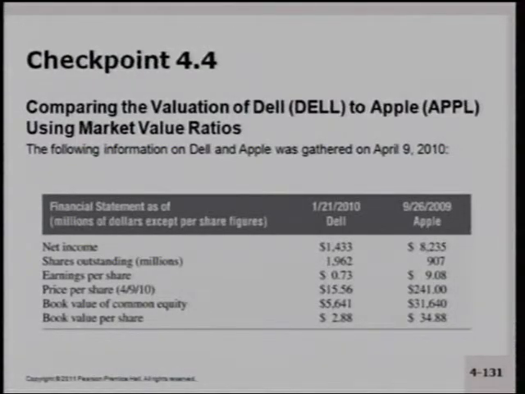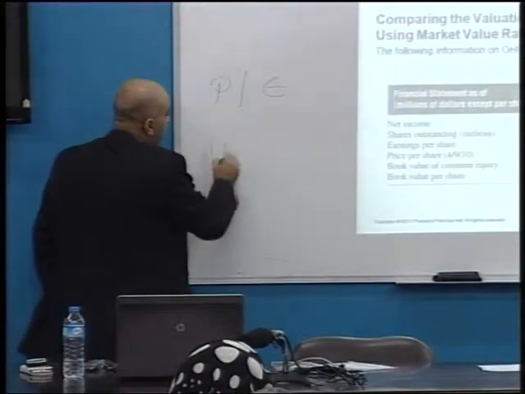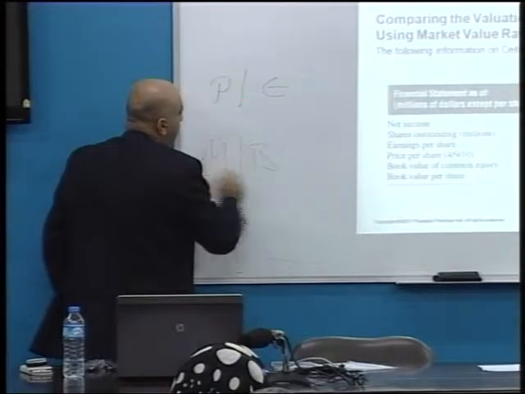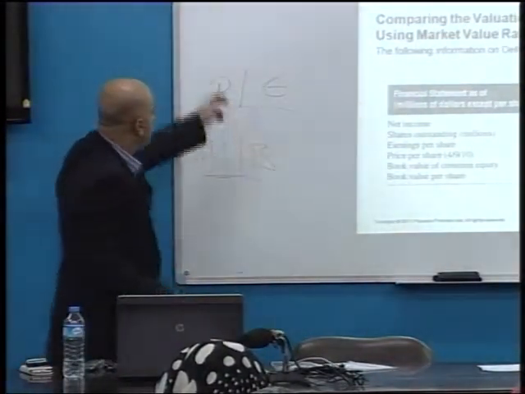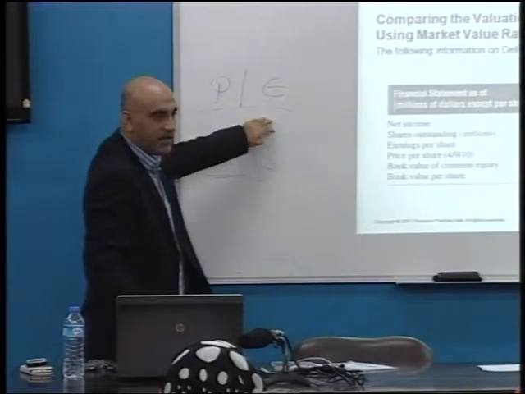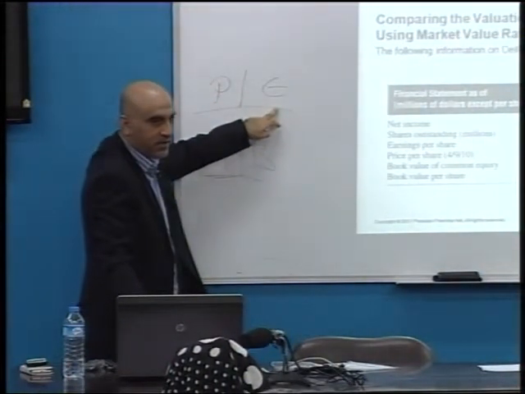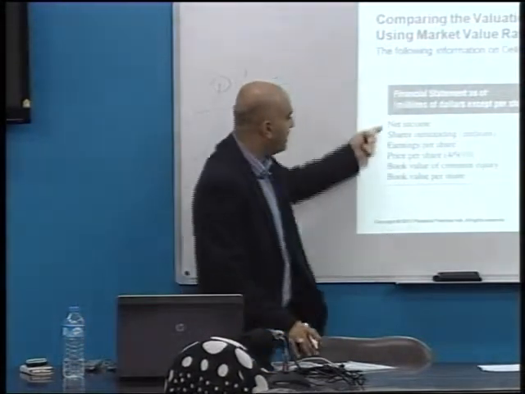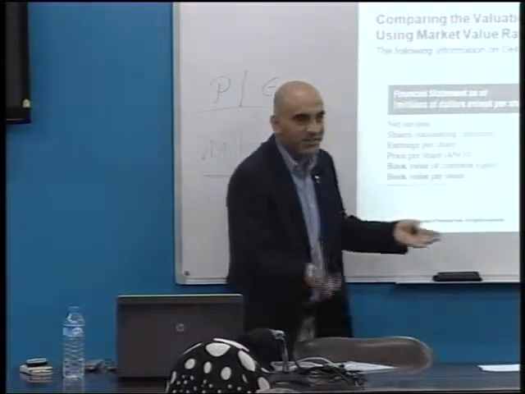So try to calculate the PE, then calculate the market to book value. Do these two. The PE is the price divided by the earning per share. So you have to calculate first the earning per share, which is the net income divided by the number of shares outstanding. Very simple, do it.